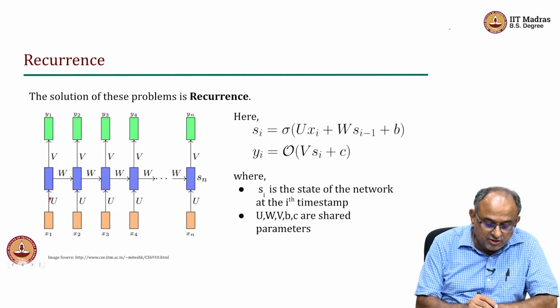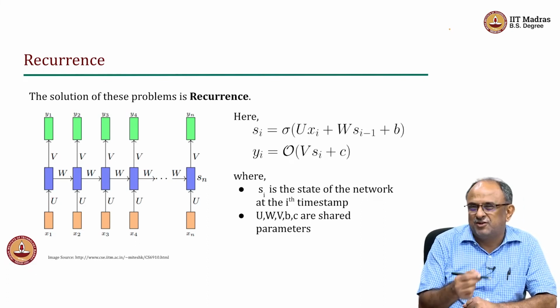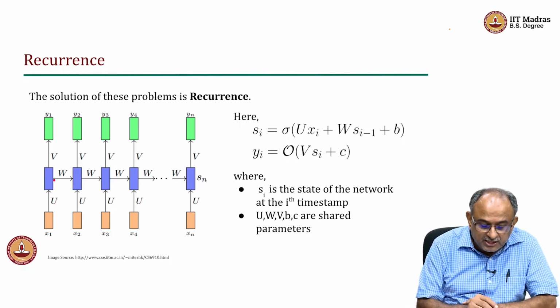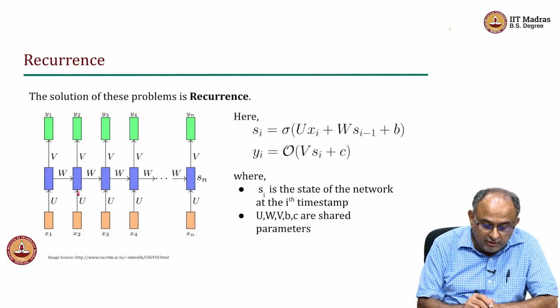So, this is going through the U matrix. The input to the hidden node is given by the U matrix, and the hidden node to the output node is given by V. This is a standard kind of notation that we always use. And the connection from the previous output is W, so to the next node I give two inputs.